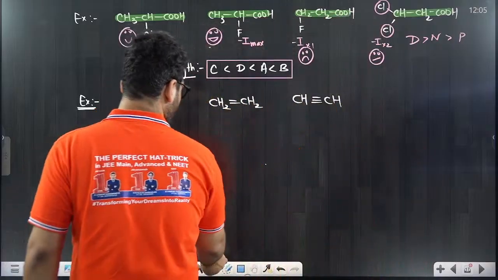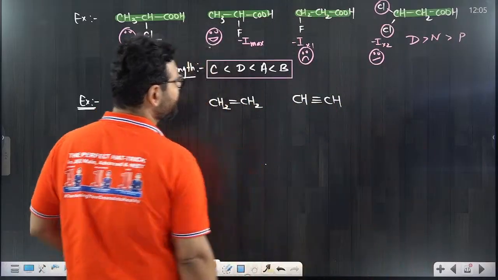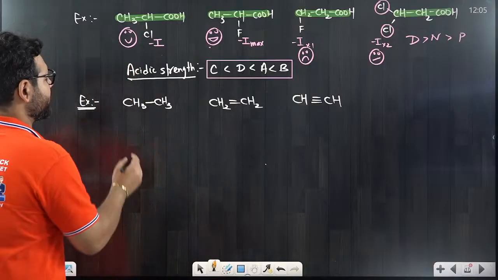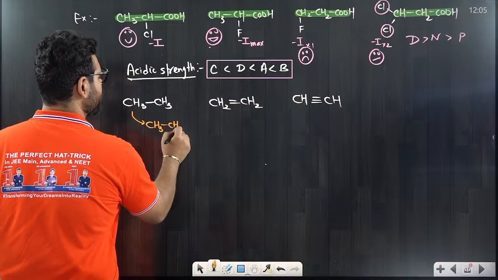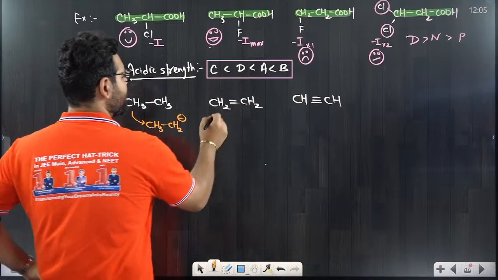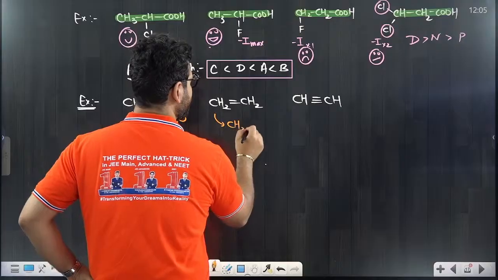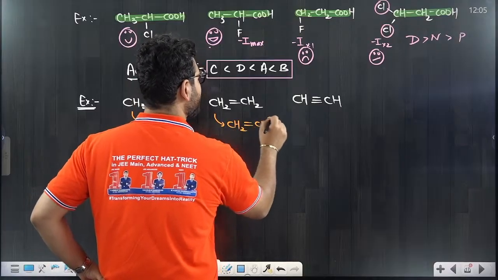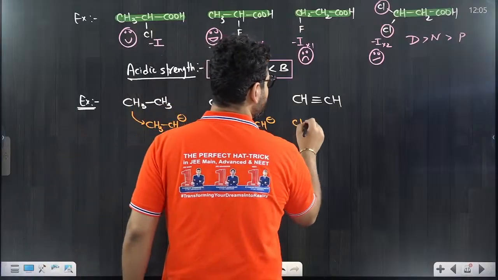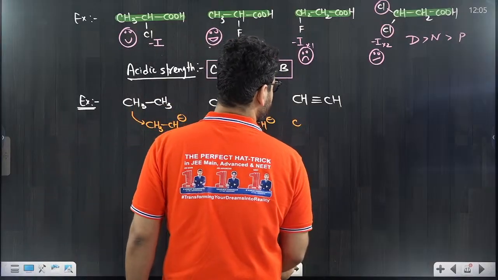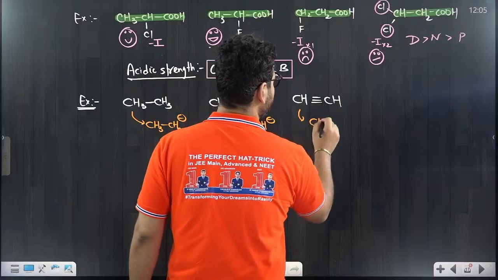So best thing to do in any other case apart from carboxylic acid, you draw their conjugate bases. Beta, its conjugate base is going to look like this: CH3, CH2, negative. Its conjugate base would look like CH2, CH negative. So one of the H plus I am removing. I remove one H plus from here, one H plus from here, and one H plus from here. CH triple bond C negative.